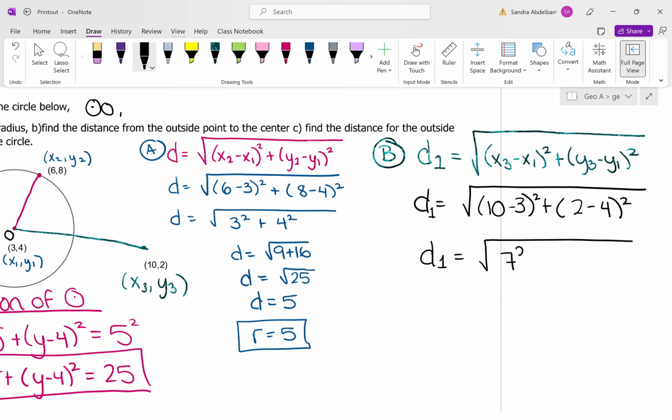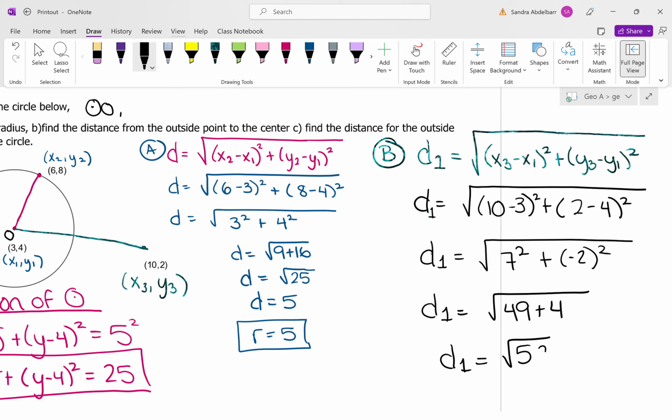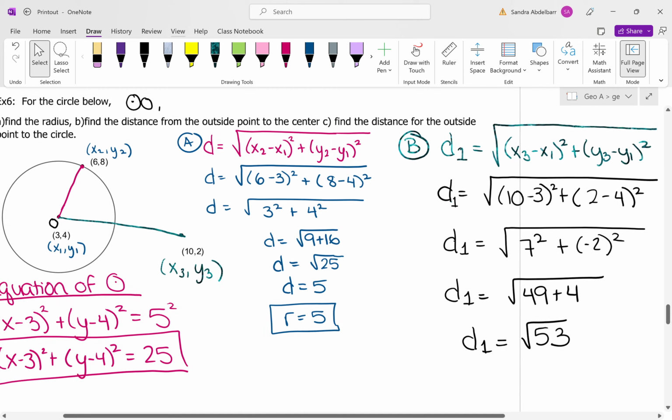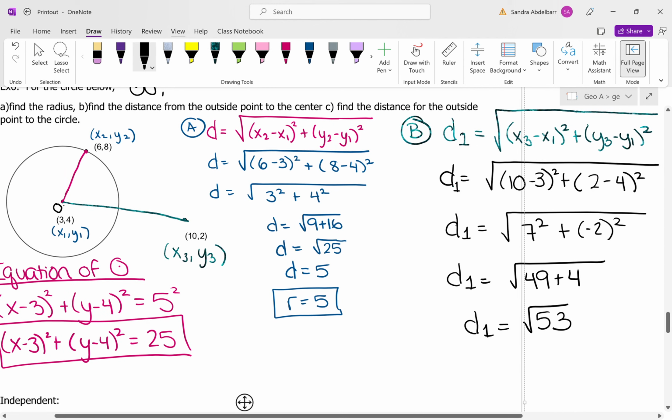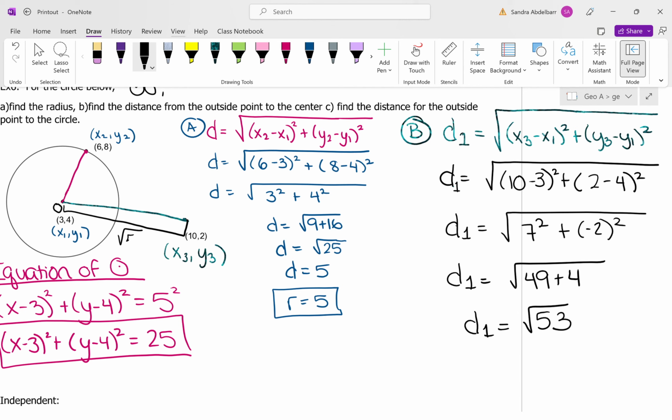So we are down to the root of 7 squared plus negative 2 squared. So we have 49 plus 4. So D1 will equal the root of 53. Can I simplify the root of 53? No, we cannot simplify the root of 53. So we leave it just like that. So that means from the center to 10, 2 is the root of 53.